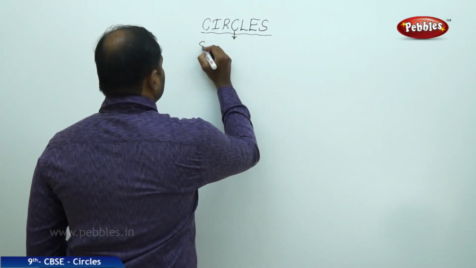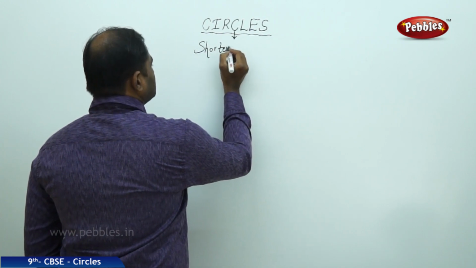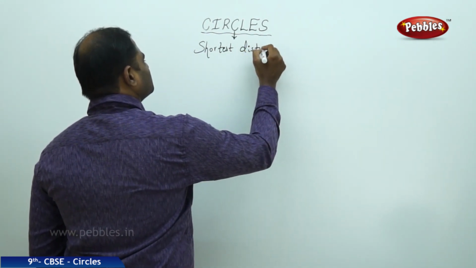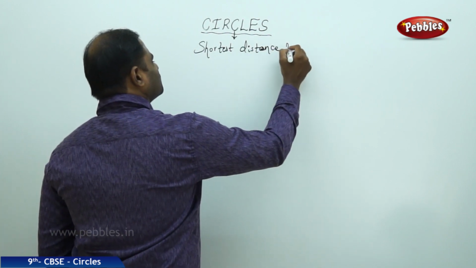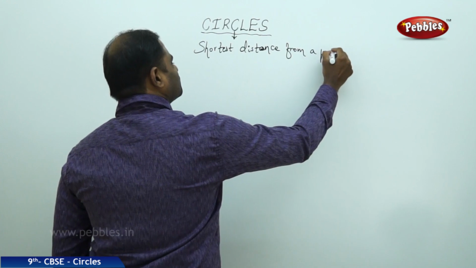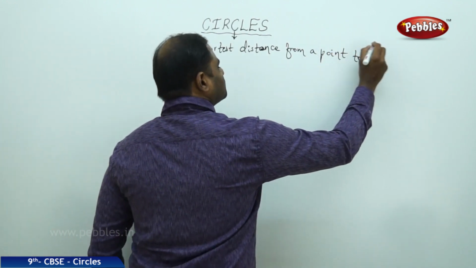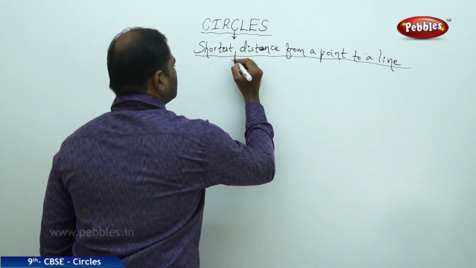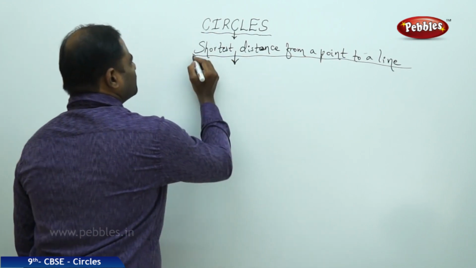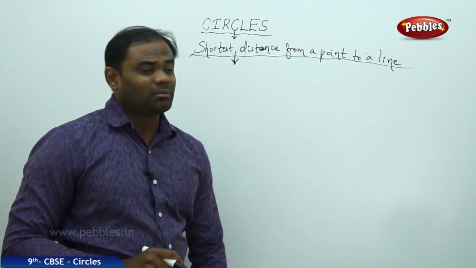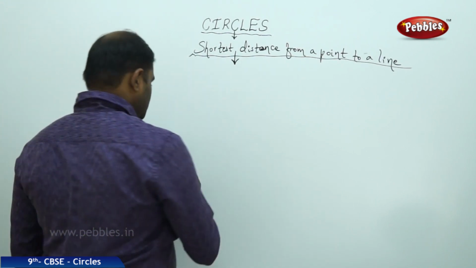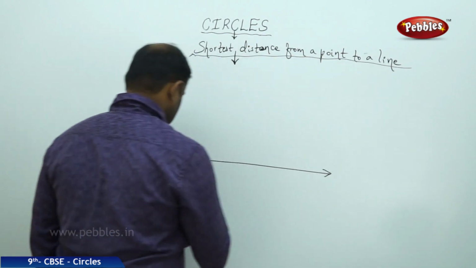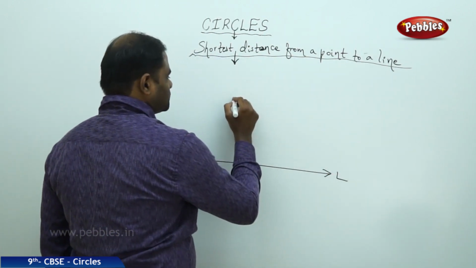Let's investigate the length of the perpendicular from a point to a line L. This session is about shortest distance from a point to a line. I have a line and I have a point.